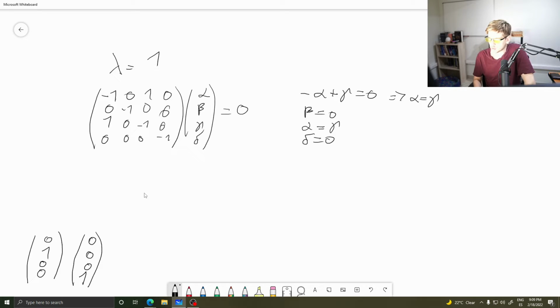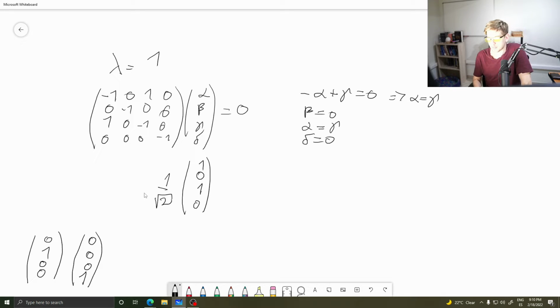Okay, so we need to find some state where the second and fourth entry are 0, and where the first and third one are the same. So we could go for 1, 1. The problem is that this is not normalized, so we need to normalize this. So the norm of this, of course, is 2, so we need to go for 1 over the square root of 2.